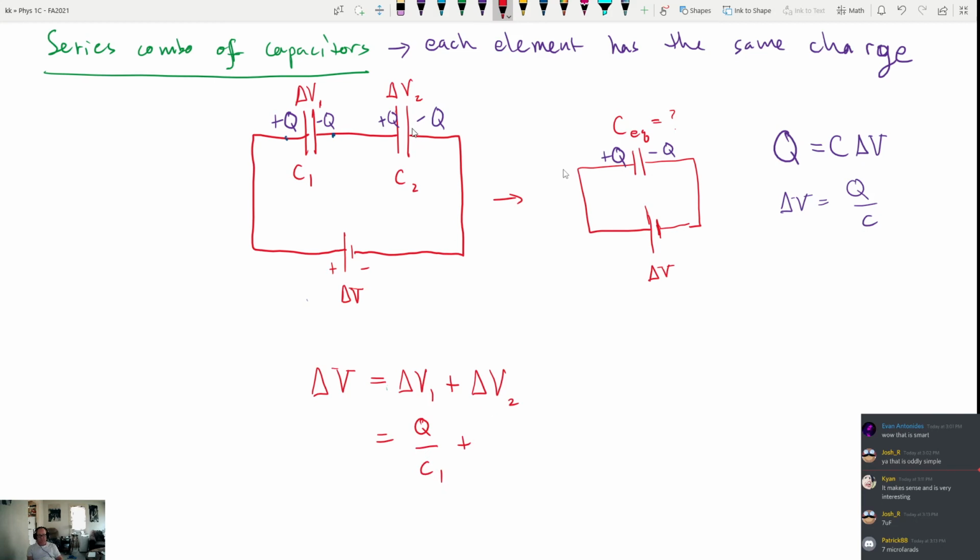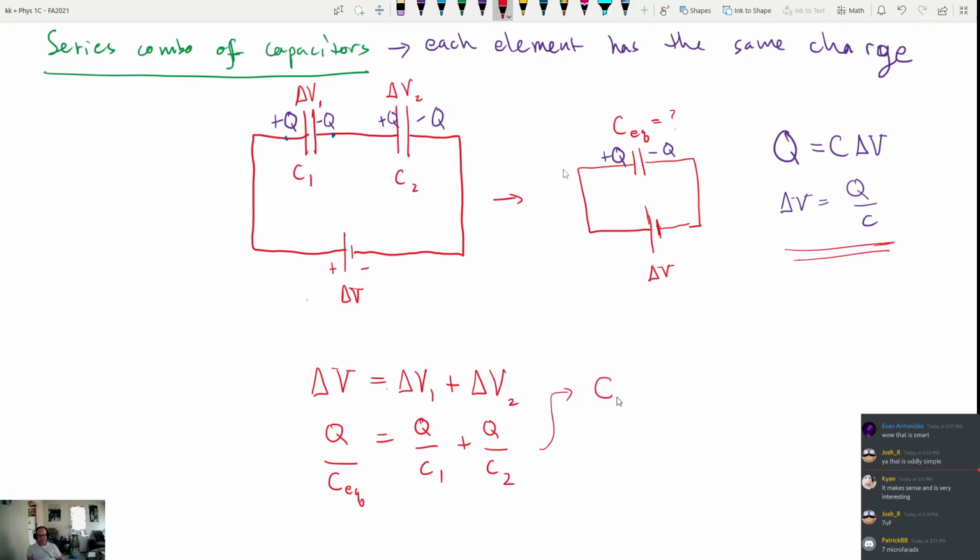Delta V2 is the charge on that plate, which we called Q, divided by its capacitance, which is C2. And then the total delta V is going to be the charge there, which is also Q, divided by the equivalent capacitance, CEQ. Just basically using this equation over and over again.